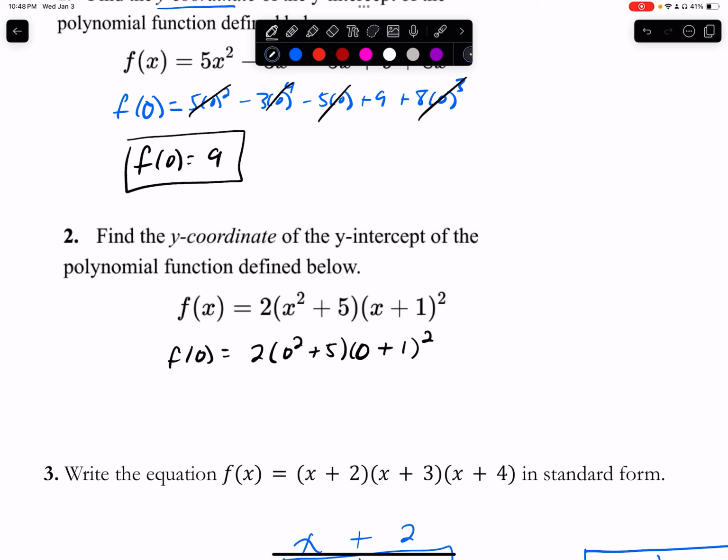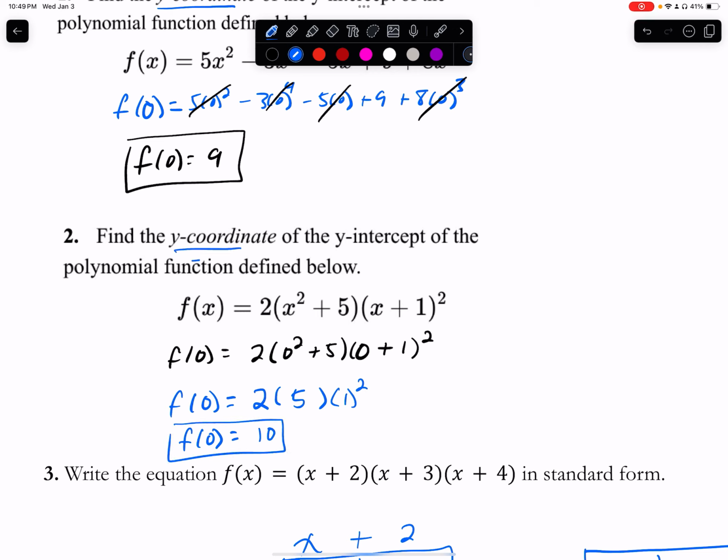You want to be careful here because if I say f of 0 is equal to 2 times, 0 squared plus 5 is 5, and then 0 plus 1 is 1 quantity squared. So we would say f of 0 is 2 times 5 is 10. 10 times 1 is 10, right? So the y-coordinate of the y-intercept is given to you in both of these values right here.